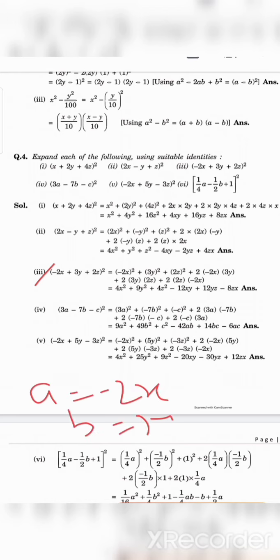Next question, question number 3. In question number 3, the polynomial is (minus 2x plus 3y plus 2z) whole square. So again, comparing with our identity number 5, we get a is equal to minus 2x, b is equal to 3y, and c is equal to 2z.